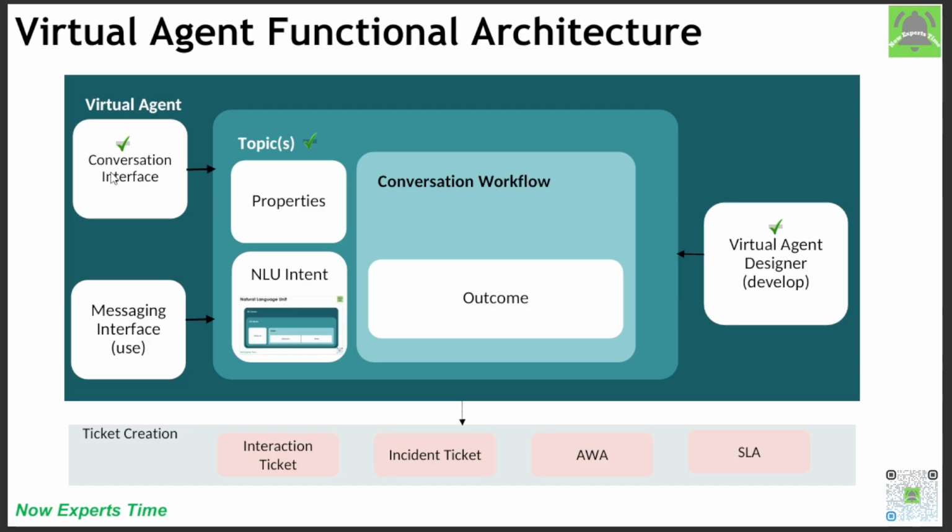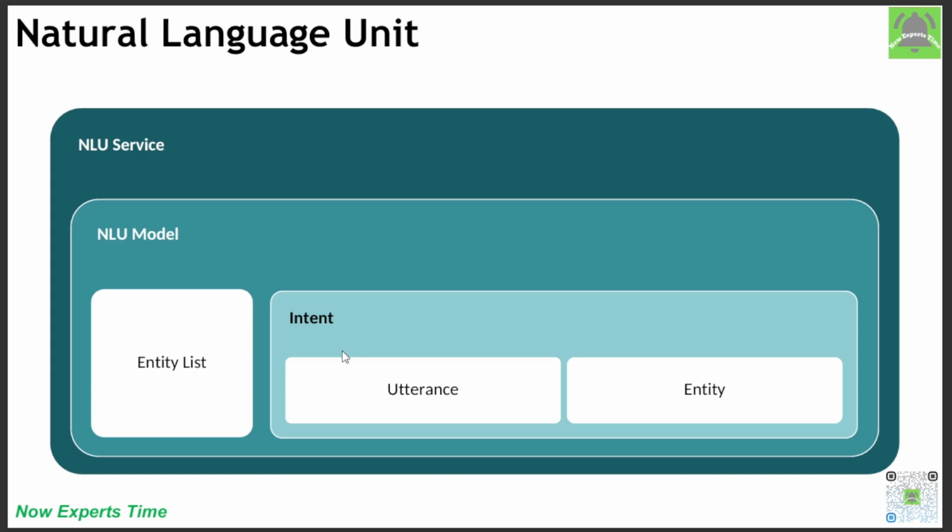For example, if we have 10,000 or 20,000 incidents, then it is eligible for NLU related discovery. What NLU derives and provides is intent. There are two major components: one is intent, another is utterance. What is the difference between intent and utterance?